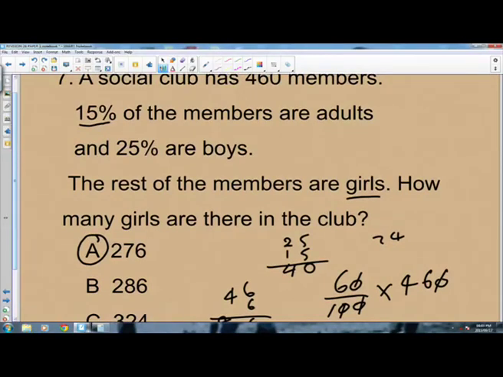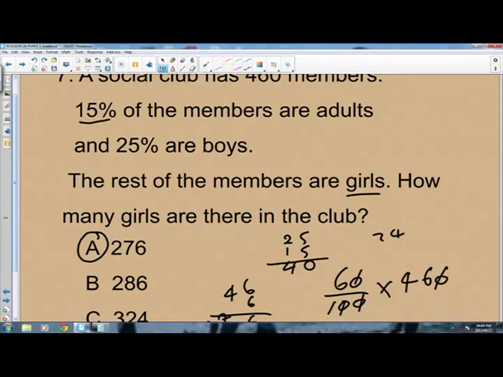You can find the 15% of 460, get the answer, and then find 25% of 460, get the answer. Then add the two answers, that is the answer for 15% and the answer for 25%. Then subtract the total from 460. You will still get 276. But I believe that will take a longer time. But whatever you are comfortable with, you can use it.